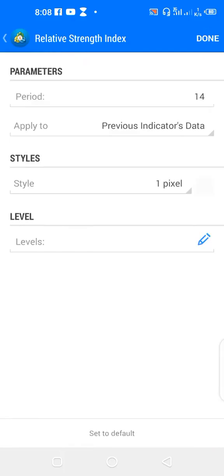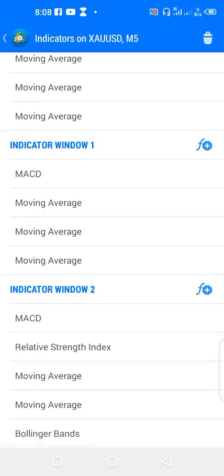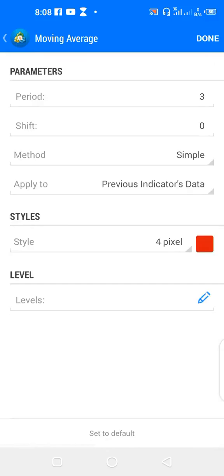Then we have relative strength index, the RSI. The period is 14. Apply to previous indicator's data, no color. We have moving average, period to be 3, shift is 0. Method is simple.